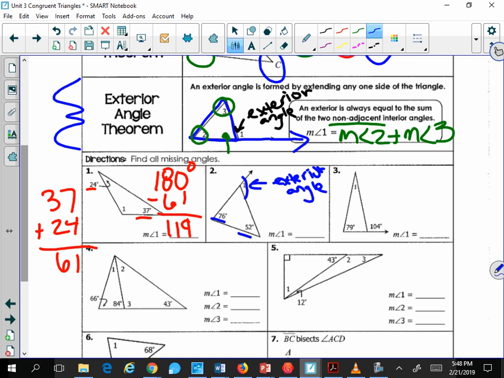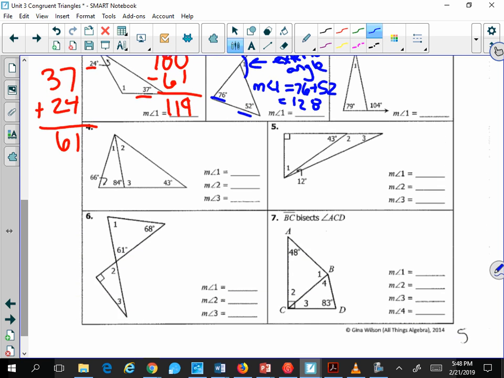Those are both non-adjacent. You have to make sure that they actually gave you the non-adjacent ones, and if they didn't, look for other ways that you can solve. But right here, they gave me the two non-adjacent angles, so to find what the measure of angle 1 is, I'm adding the other two together. So that'll give me 128. And that's it. That is it.